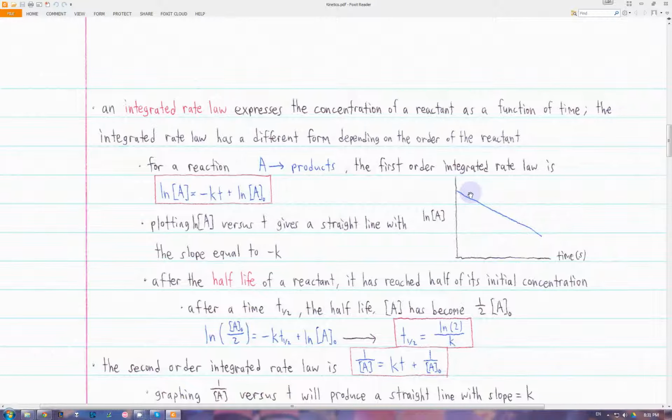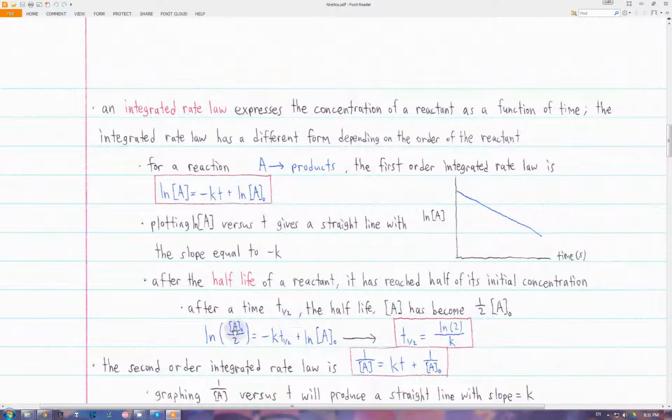And we can also find the equation for the half-life of a first order reaction. The half-life of a reactant is just the time it takes for the concentration of the reactant to decrease by half. So looking at this integrated rate law, after a time equal to the half-life, which we indicate by t subscript 1/2, the concentration has become 1/2 of the initial concentration.